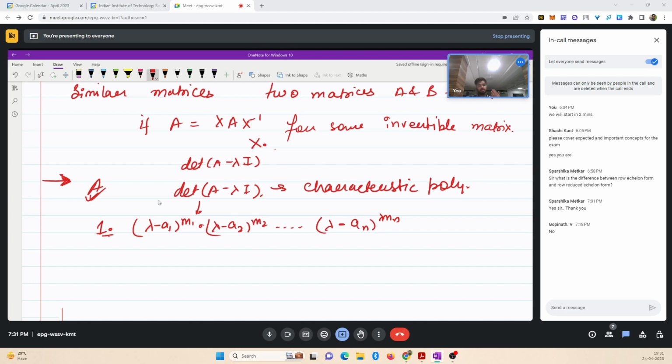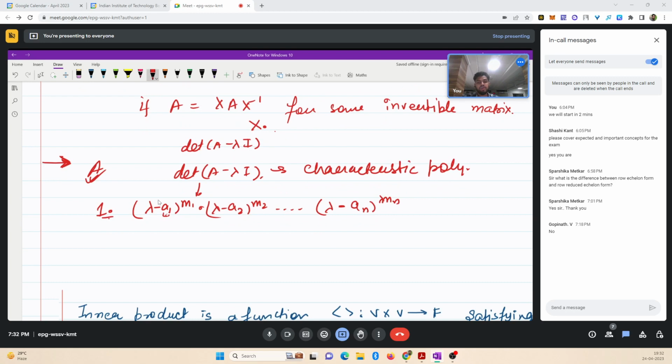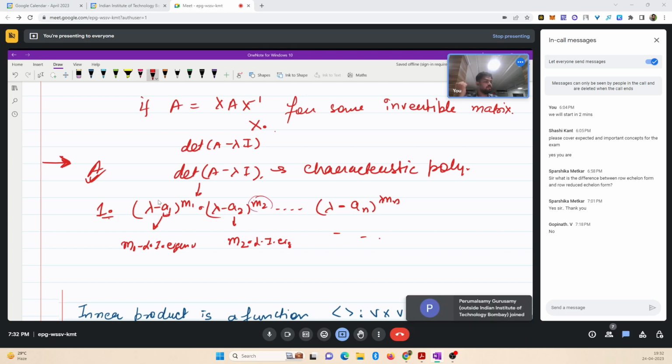Now you try to find eigenvectors corresponding to each and every lambda, that is a1, a2, and so on. Let's say when you tried finding the eigenspace for a1, you were able to find m1 linearly independent eigenvectors. For a2, you were able to find m2 linearly independent eigenvectors, and so on. So whatever is the multiplicity of this lambda minus ai, you were able to find those many linearly independent eigenvectors.